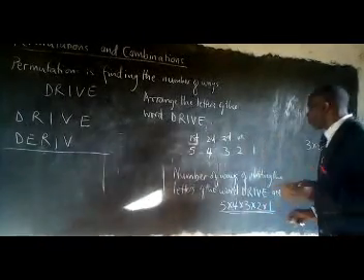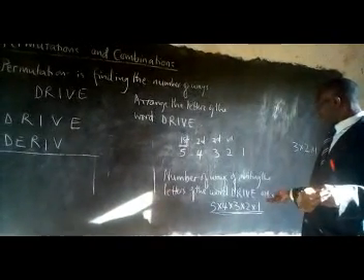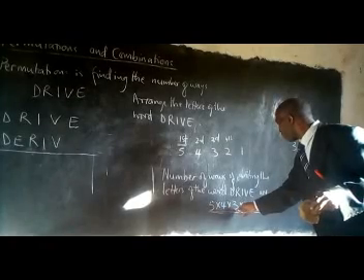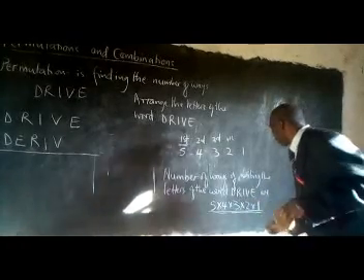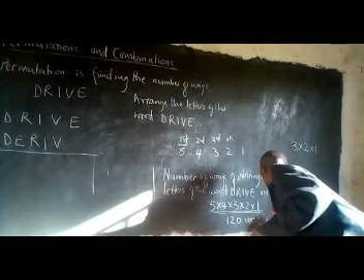Whatever you get will be the number of ways. If I'm not mistaken, these are 20, 20 times 3, 60, 60 times 2 is 120 ways.